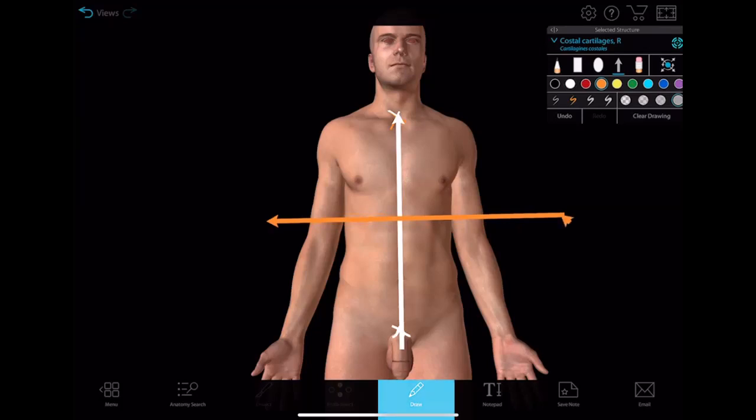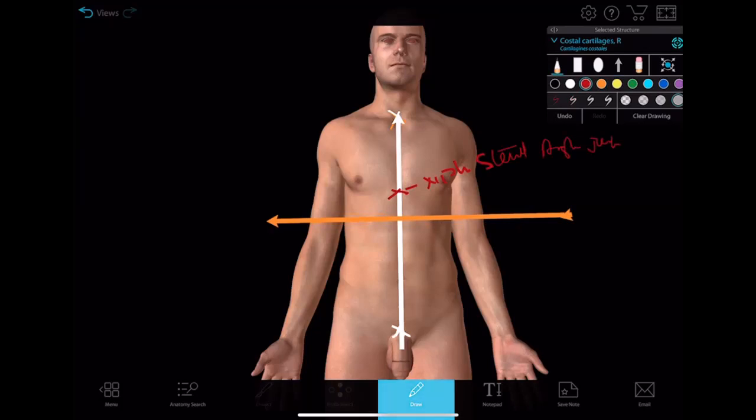It is one hand breadth below the level of xiphoid process, the sternal angle joint.